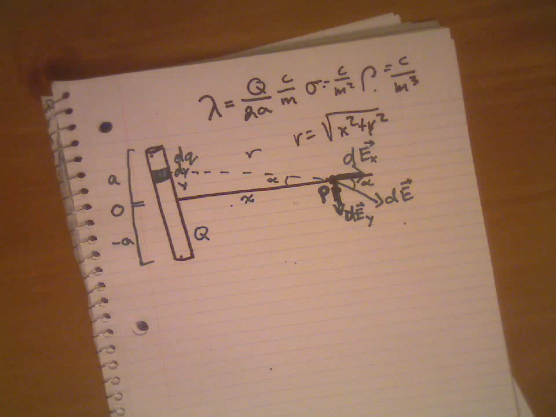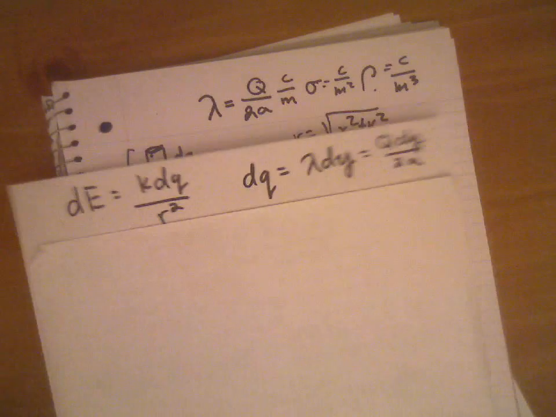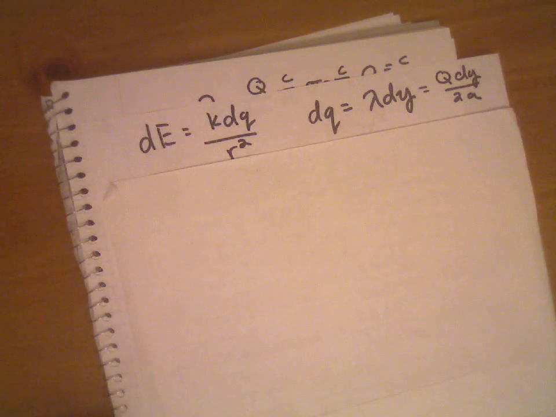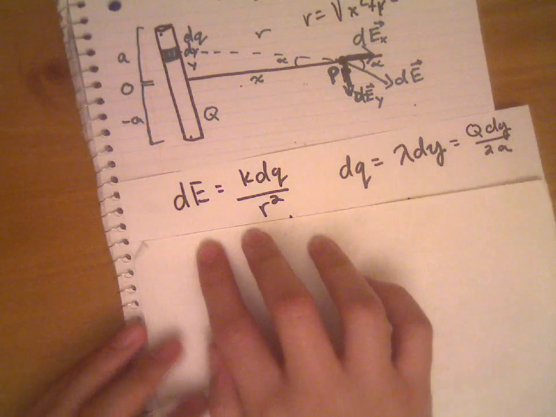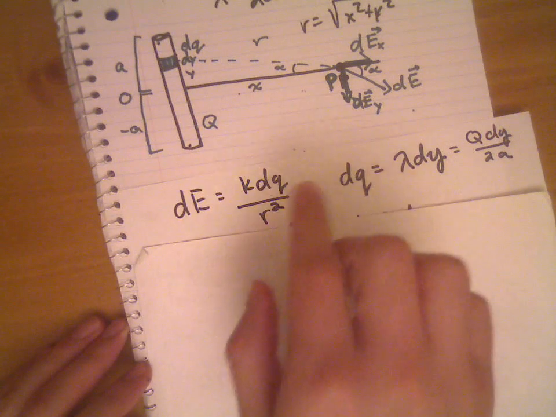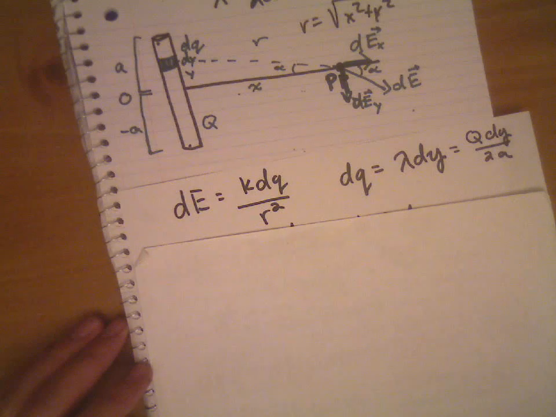Now, I actually screwed up while doing this video, so I will use the same work I did, just not write it down. So we're going to first begin with writing our electric field equation. We know that dE is equal to k dq over r squared. We already defined that.